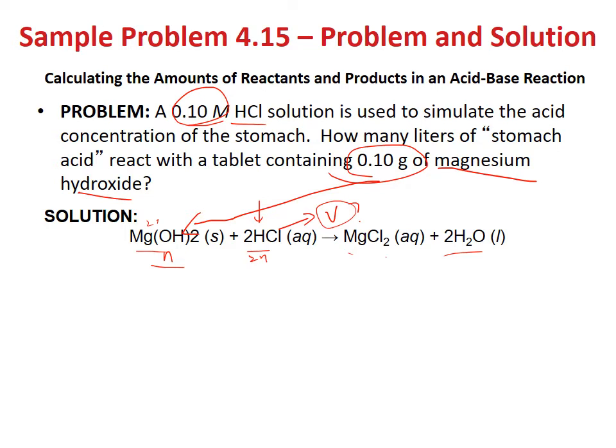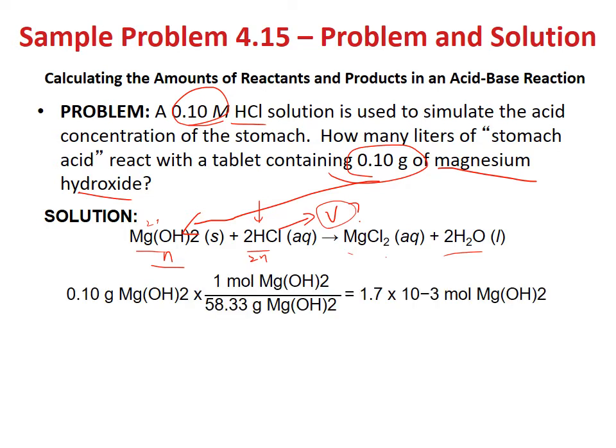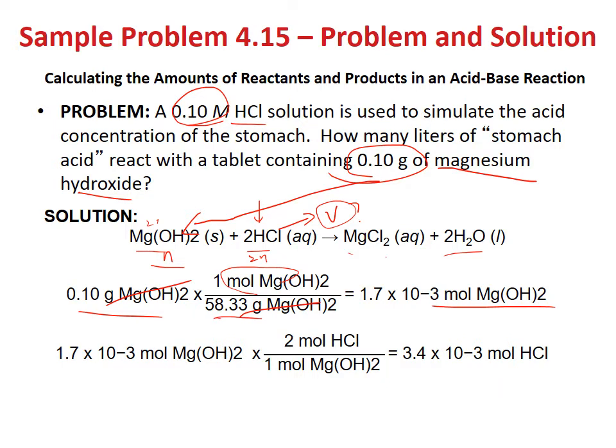Okay, so first calculate the moles. We use grams of magnesium hydroxide divided by the molar mass, so 1 mole equals 58.33 grams. Grams cancel, giving you moles of magnesium hydroxide. Now let's use stoichiometry: 1 mole magnesium hydroxide to 2 moles hydrogen chloride.